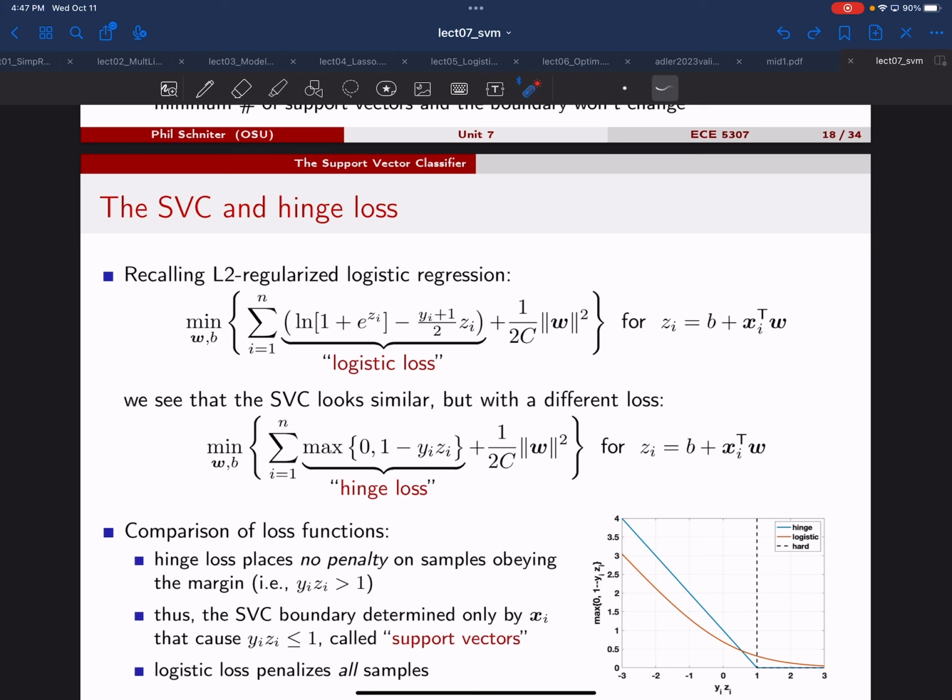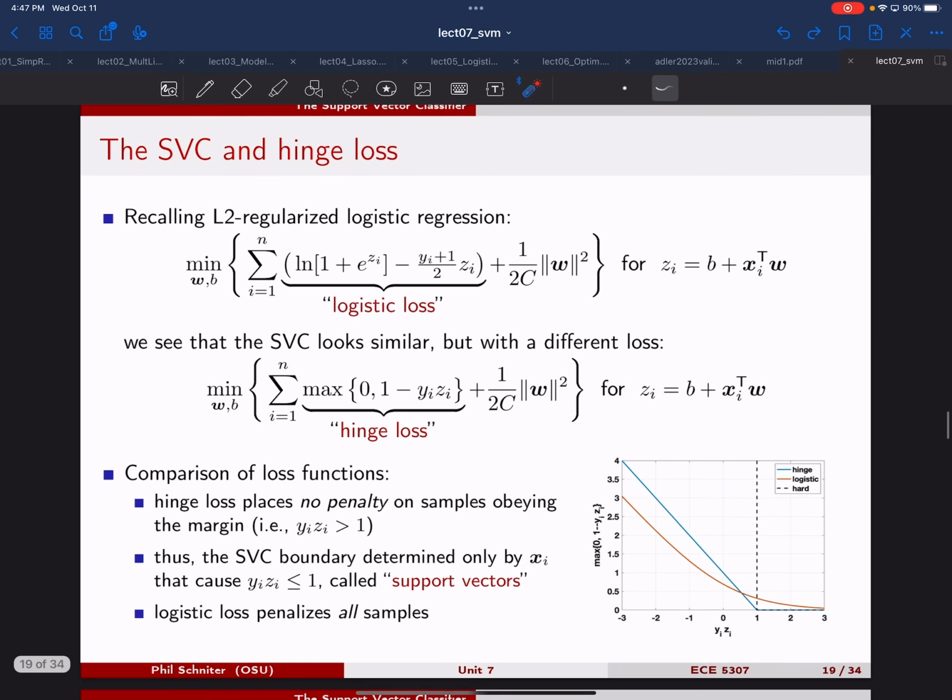The only difference is the function of y and z here. To gain some insight into that, we can plot that function. At least one way to view this plot is to plot it for yi equals 1. In that case, the logistic loss gives you this curve, whereas this thing in the SVC, which is known as the hinge loss, gives you this curve.